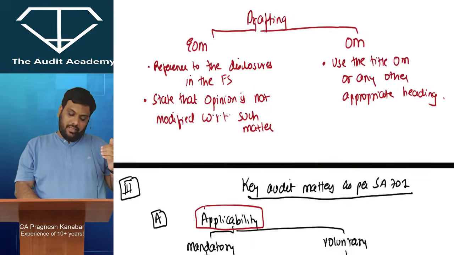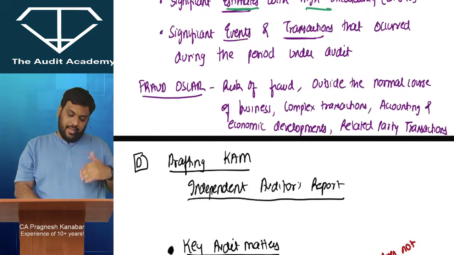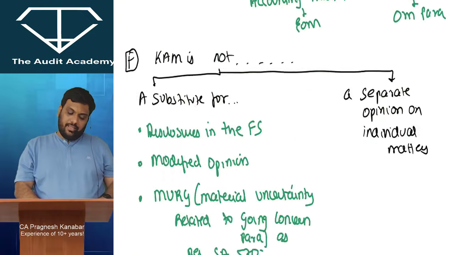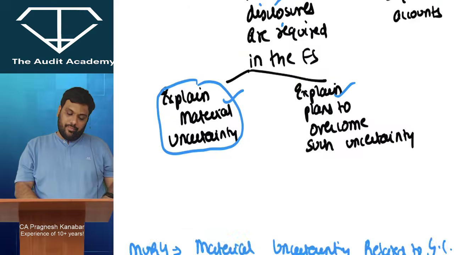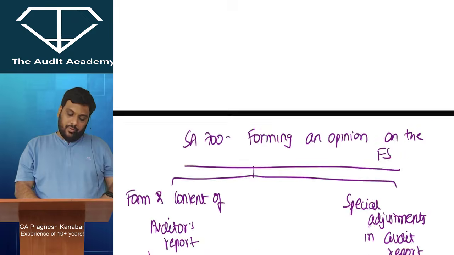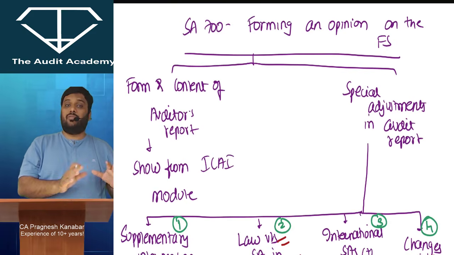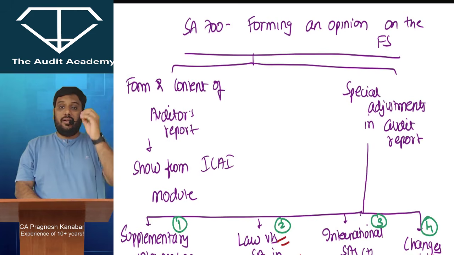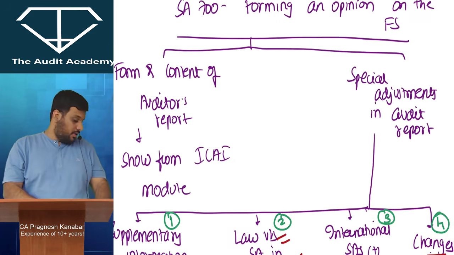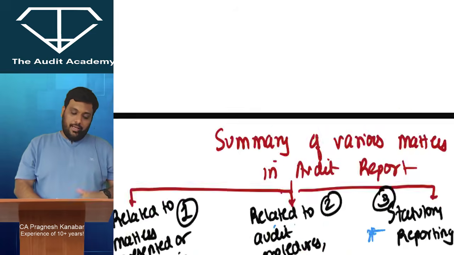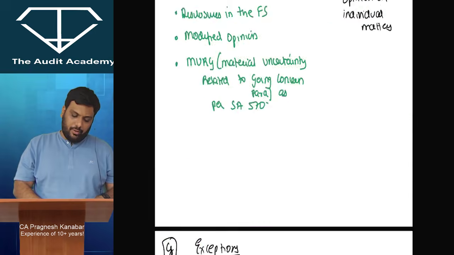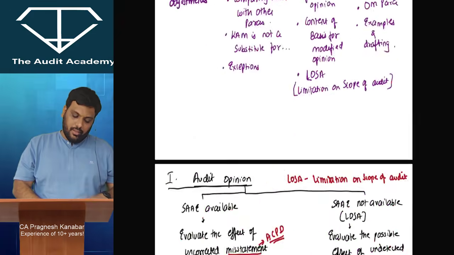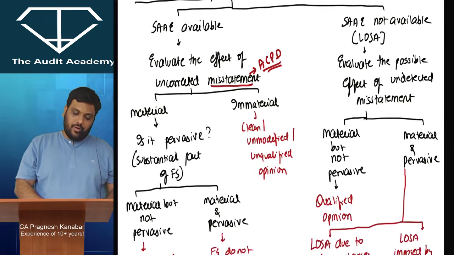After that, we'll be discussing key audit matters. And after that, I'll be giving you a complete summary of all the matters in the audit report. We'll also be discussing the audit report format and some really critical special adjustments which are there in the audit report.